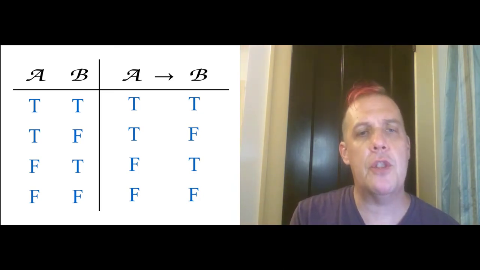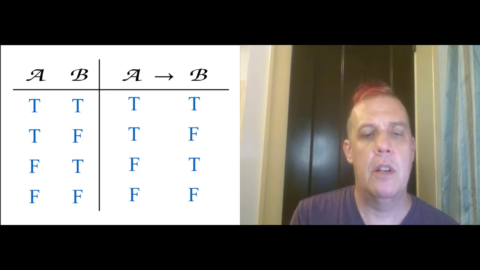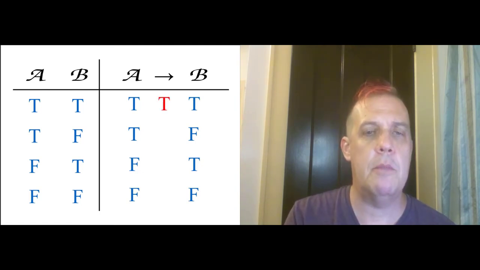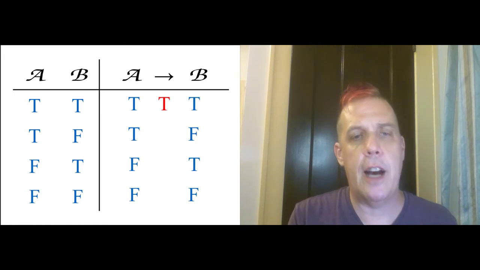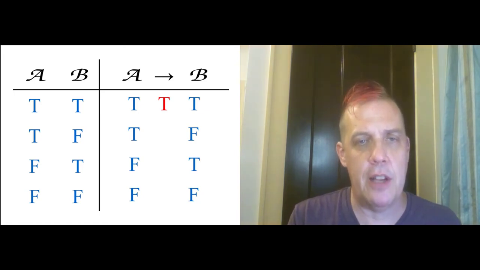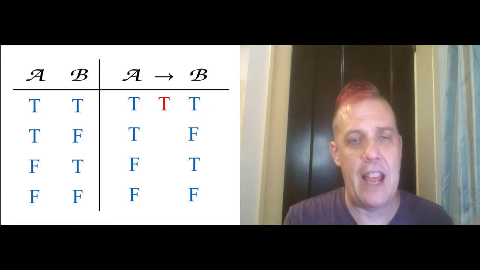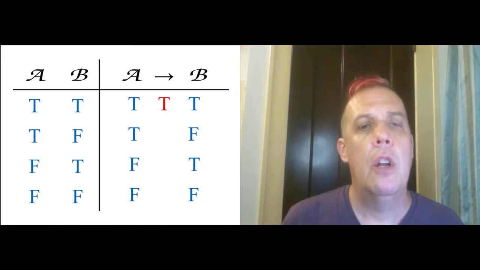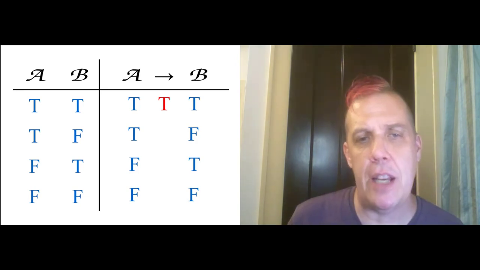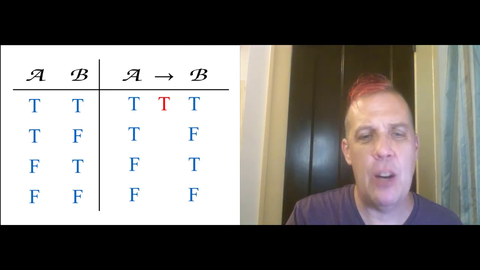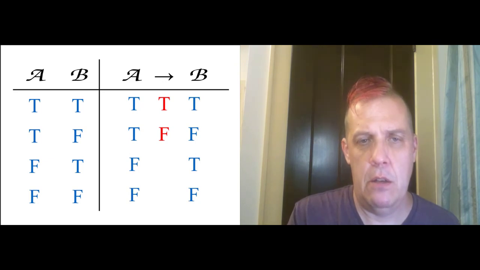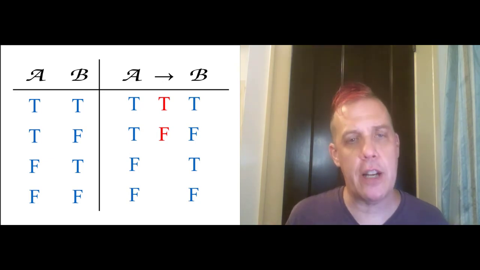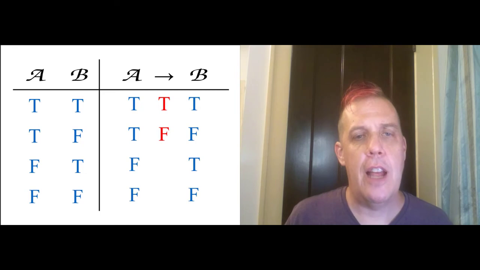If I assert A implies B, and A is true and B is true, then obviously I am correct in saying that A implies B. Because I said A would lead to B, you got your A, you get your B. On the other hand, if I say A leads to B, and we get an A, and we don't get a B, then obviously I am incorrect. A implies B is false if A is true and B is false.